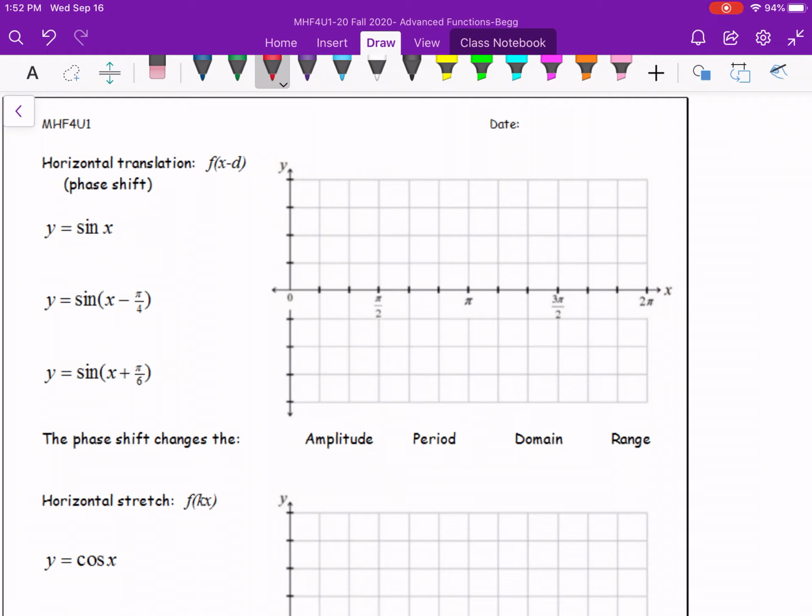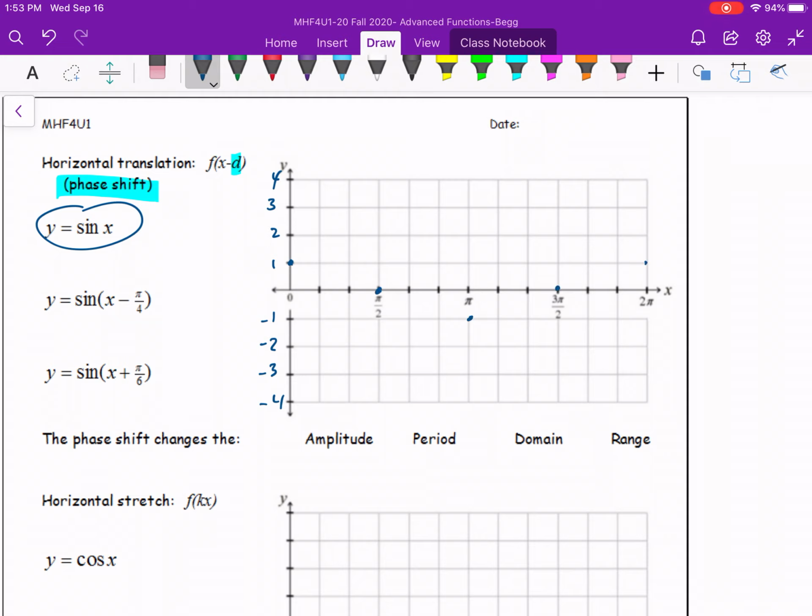Horizontal translation, okay. Well, that was, by my color coding, a blue. Sometimes that's called a phase shift. And again, let's go back to sine for a parent function. Draw my 5 points.